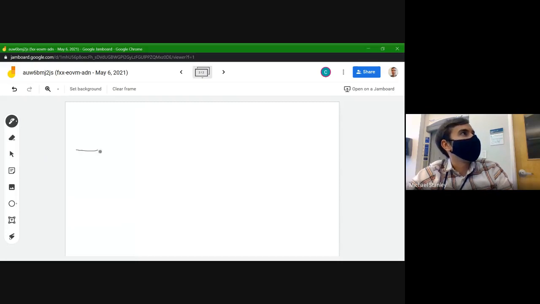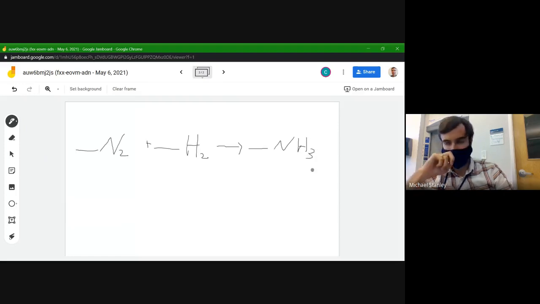Now we have nitrogen, N2, plus hydrogen, H2, produces NH3, the compound NH3, which is, I believe it's either nitrite or nitrate. I can't remember which one is which. All right, N2 plus H2 produces NH3.